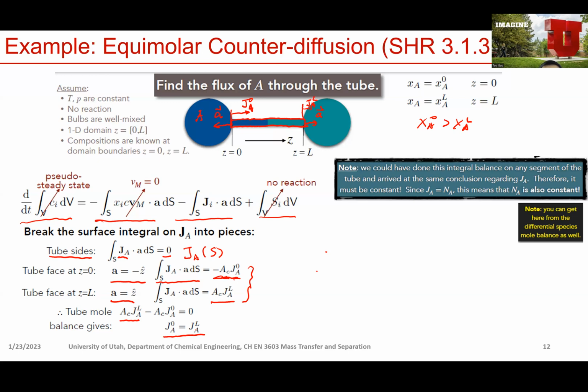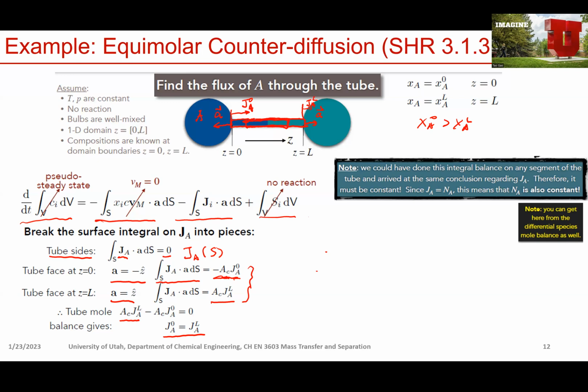Further, if we look back at this whole process, the way we define the control volume is kind of arbitrary, right? In this case, we chose the whole tube as a control volume, but you can definitely do this differently. For example, you can choose only a segment of this tube as a control volume.